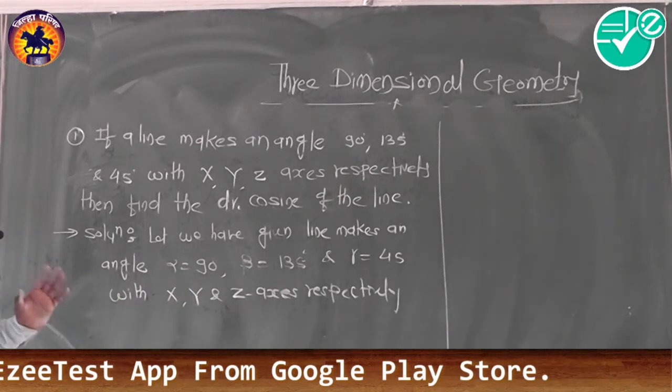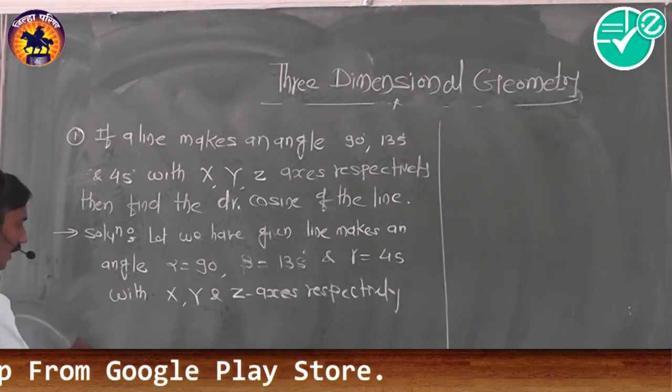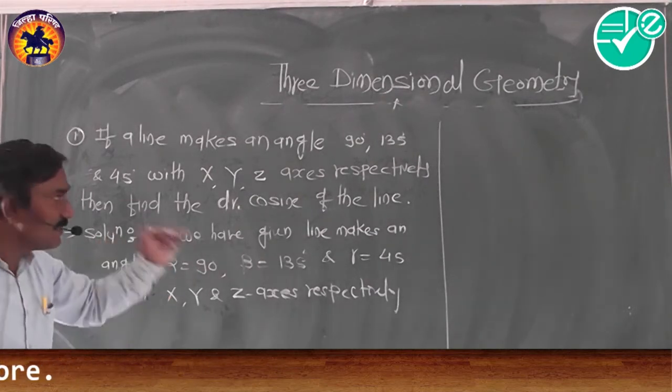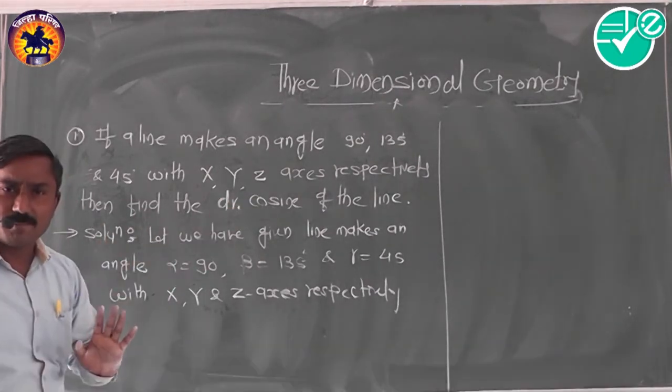Now we have to calculate the cosine of those angles, and this is called the direction cosines.